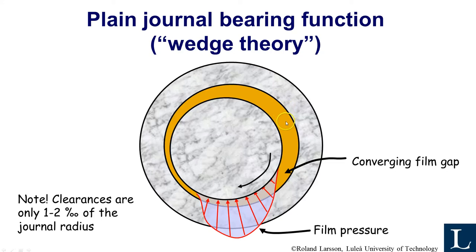But as the load is applied, a converging gap is formed here. So the motion of the journal will cause a pressure build up in the bearing, and this pressure is big enough to carry the load and separate the journal from the bushing.